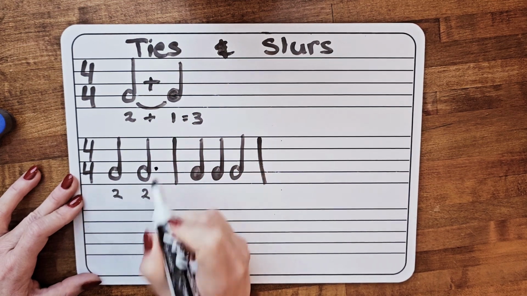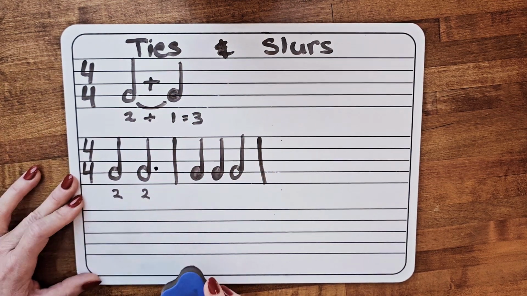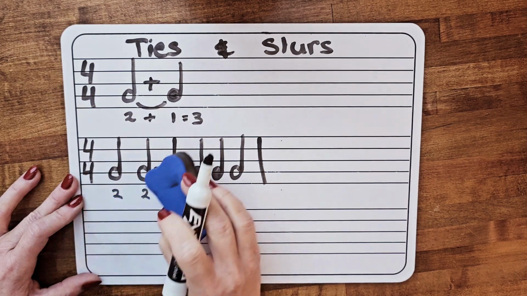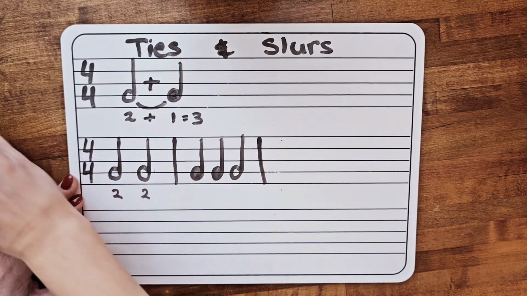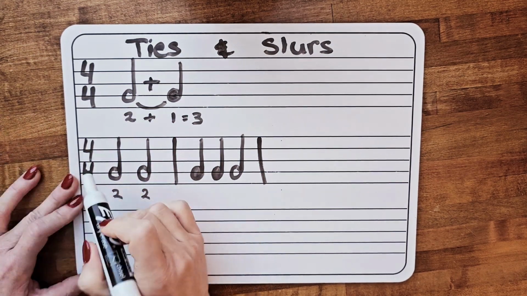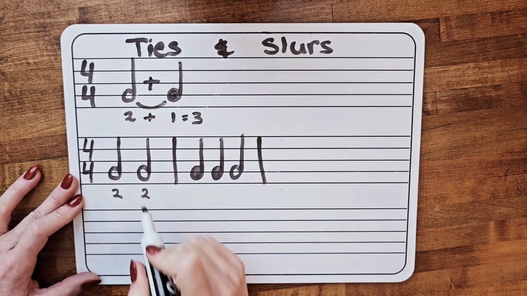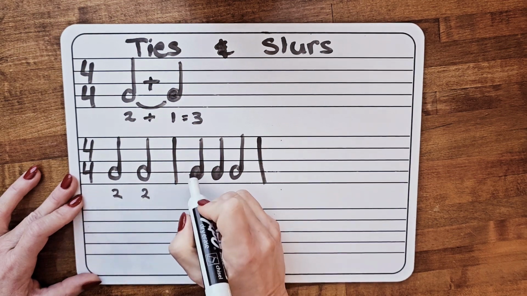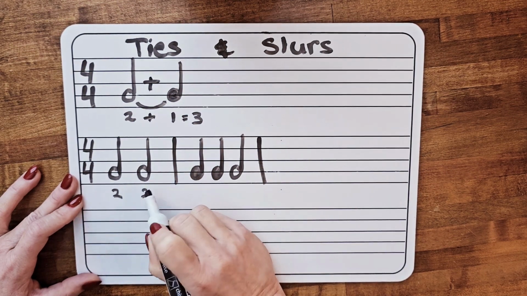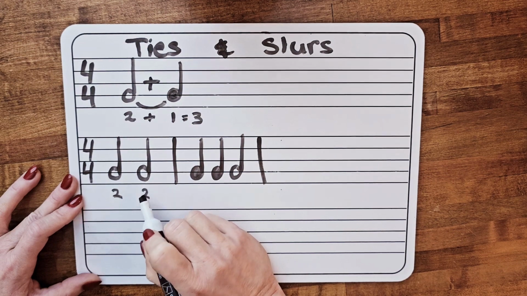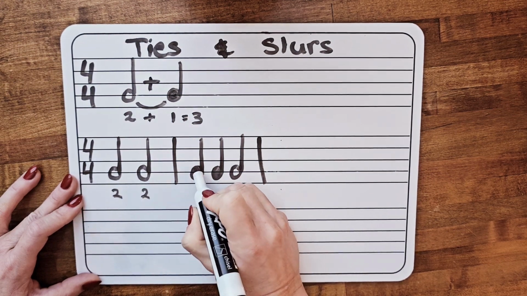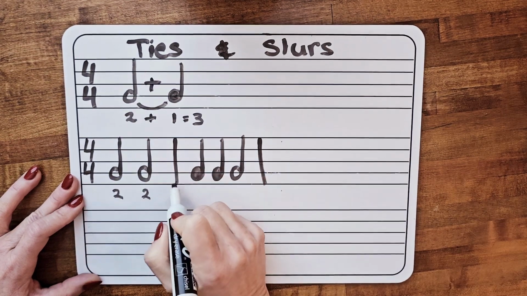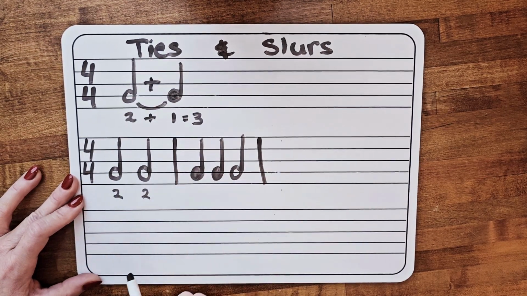You can't add a dot to it in order to make it 3 counts because then this would add up to 5, and you can't have 5 within a 4/4 time signature. But you really want this note to be 3 counts. Well, then you know that 3 is 2 plus 1. So you would make a quarter note happen right after this bar line into the next measure.